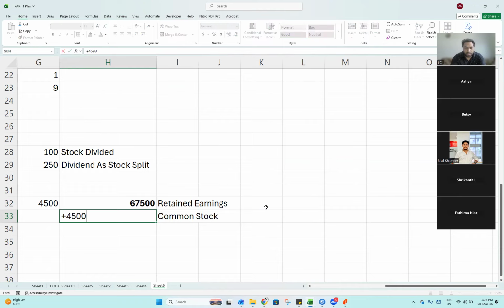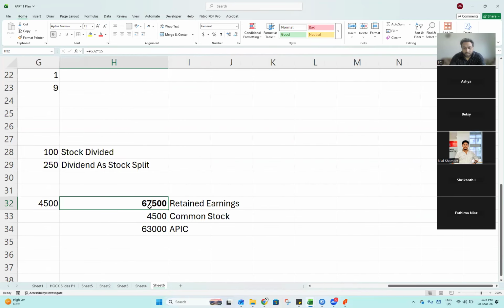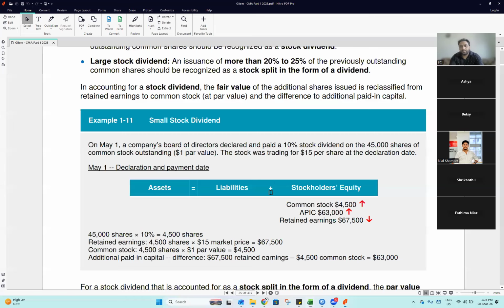That is 4,500. And the balance, 14 into 4,500, will go to additional paid in capital. Clear? Yeah. It is on the debit and these two are on the credit side.